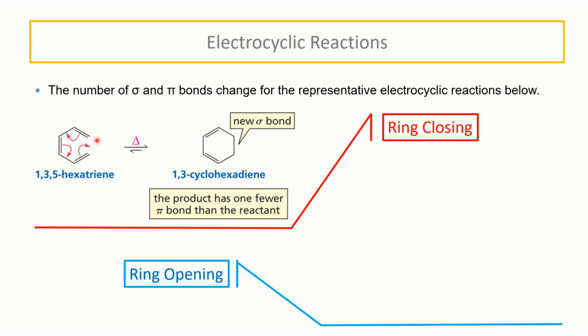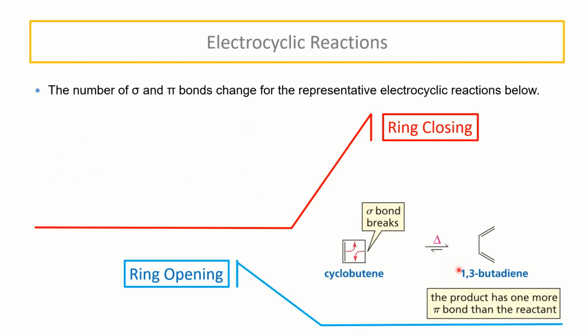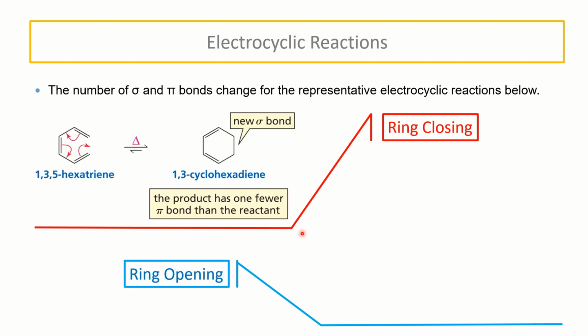You can see immediately that from left to right we have a ring forming reaction, but here in this case we have a ring opening reaction. Note, in the ring forming reaction, we started off with 3 pi bonds, and now we end up with 2 pi bonds and a ring.